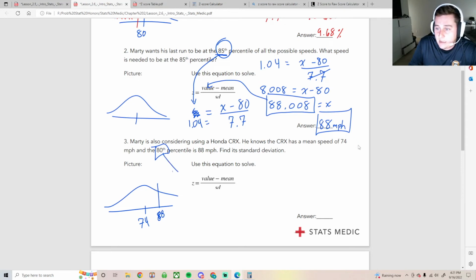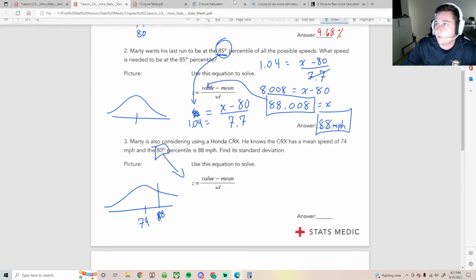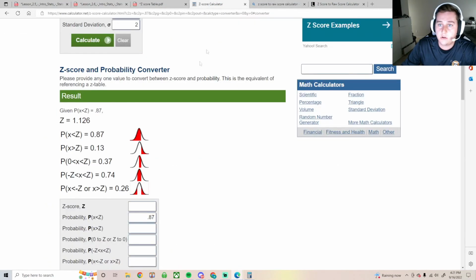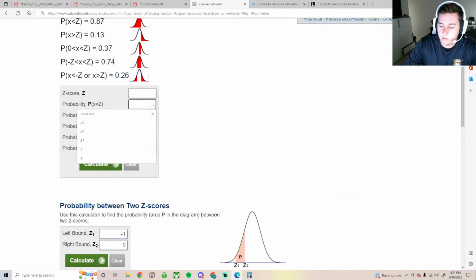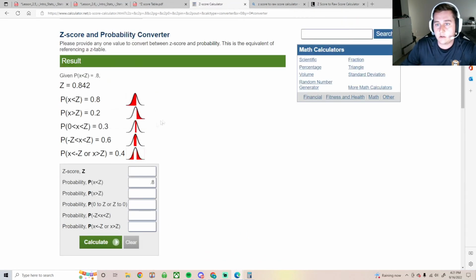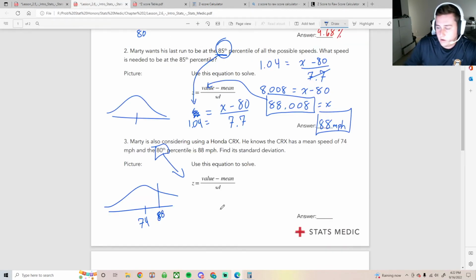I have to take the 80th and convert it into a z, which is what I'm going to use one of these calculators for. So I would type in 0.8, hit enter, and now this tells me that my z is 0.84. I'm just going to round it off. So my z is 0.84.